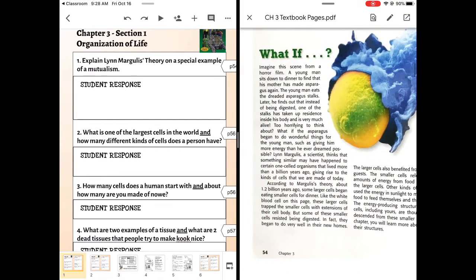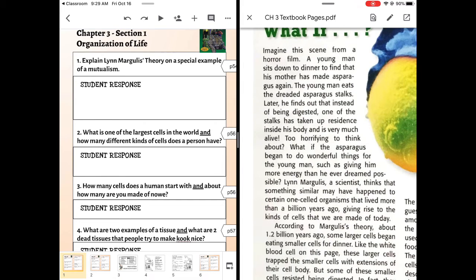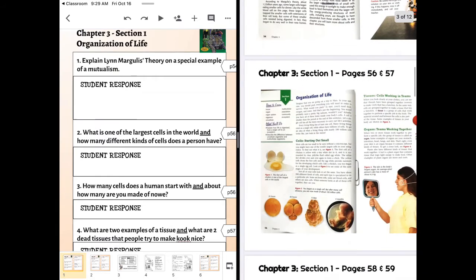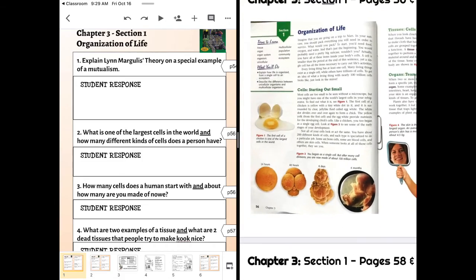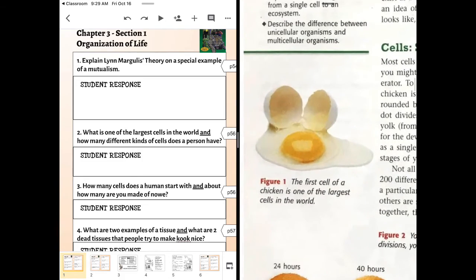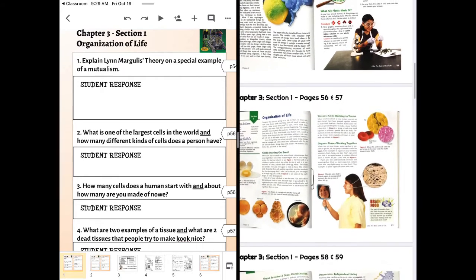I can zoom in on the story and read about Lynn Margulis's idea and try to answer the first question. And then I can go to the next page to read about the largest cells. Remember, if you can't find things in the paragraphs, I really love the pictures. So, good luck. That's today's work.